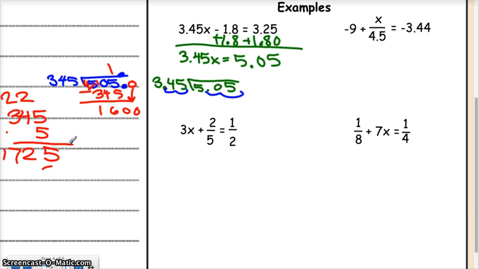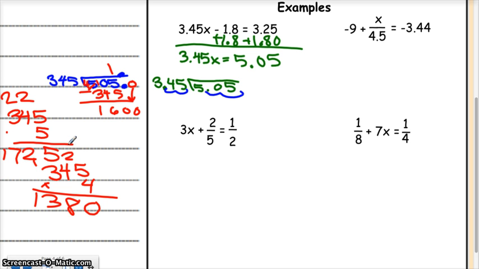Oh well. 345 times 4. 5 times 4 is 20. 4 times 4 is 16. 16 plus 2 is 18. 1380, yes? Yes, I did it. You know, if you're going to go one up or one down, you can just add the 345 to it.